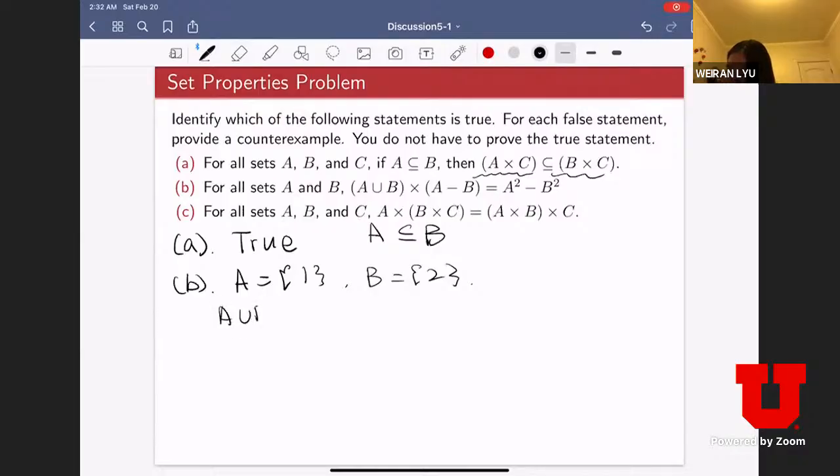Then A union B would be just 1 and 2, and A subtract B would be just 1. And what about A union B cross A subtract B?